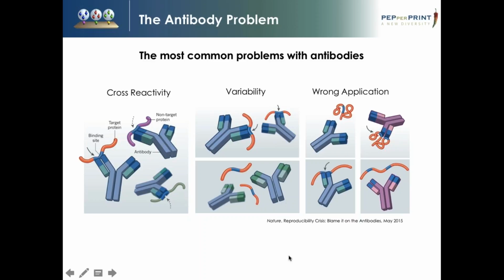Then the wrong application. This is probably what you're most familiar with when you're ordering an antibody. There's a column that shows what assays they are applicable to, whether it's flow cytometry or immunohistochemistry. Sometimes what they're putting is not supported by actual data.